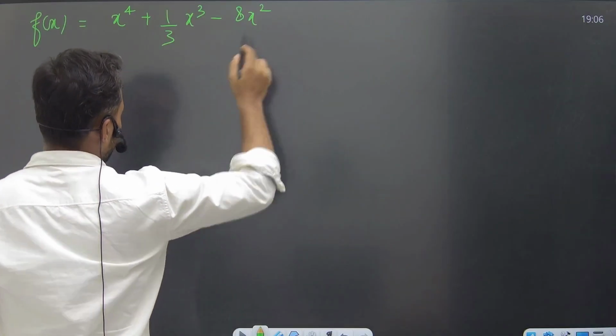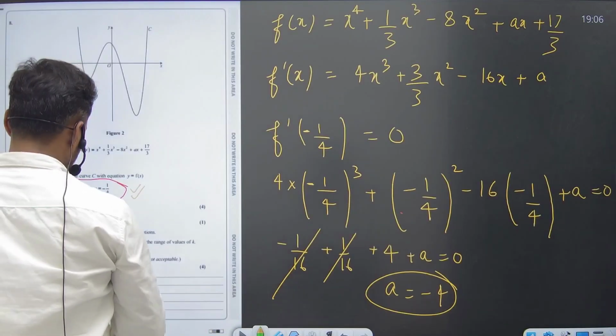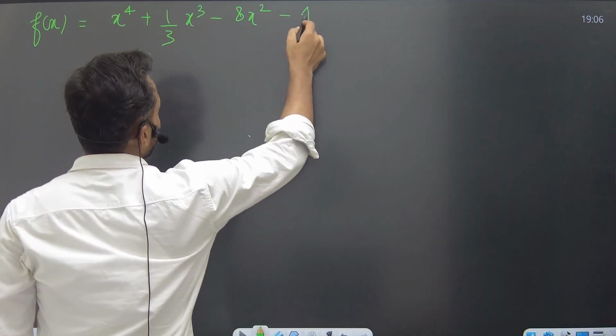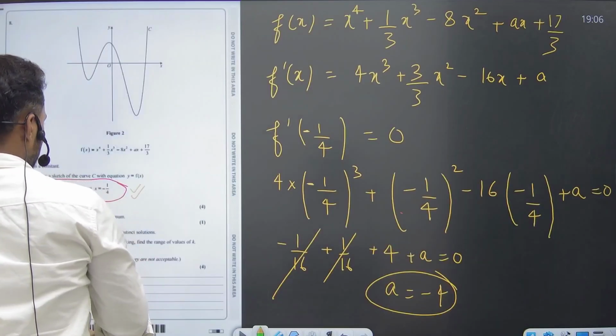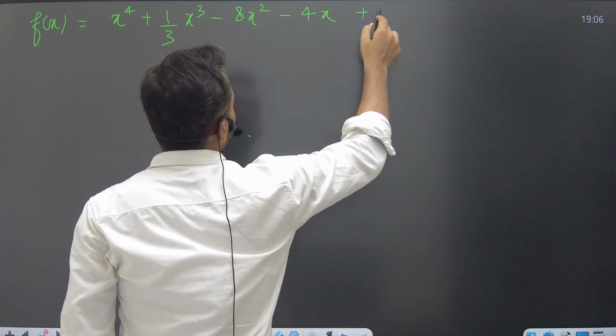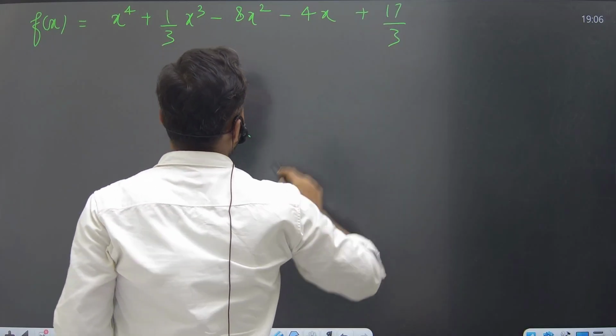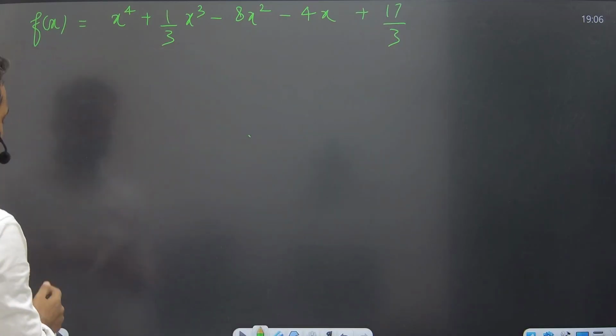So plus of ax, so a we have got as negative 4, so we'll get negative of 4x plus of 17 by 3. This is what the original function will look like.